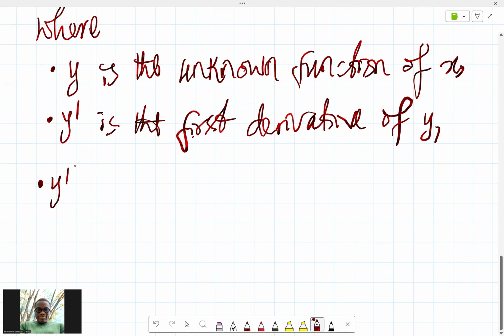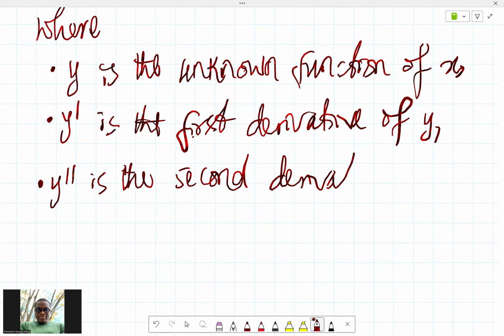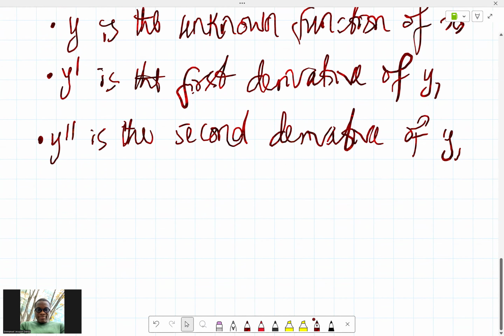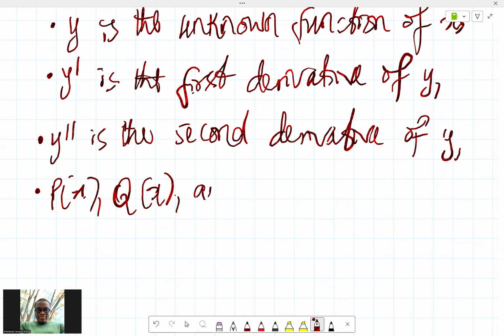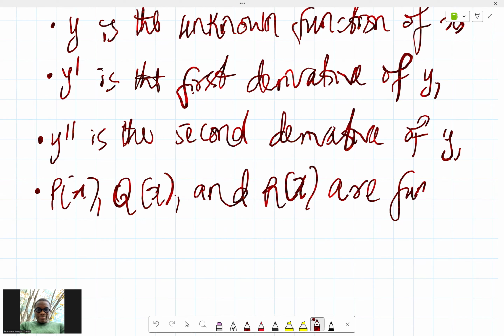Then y prime prime is the second derivative of y, and it's the highest derivative in this situation. Okay. And then we still have p of x, q of x, and r of x, which are functions of x. They are functions of the independent variable.